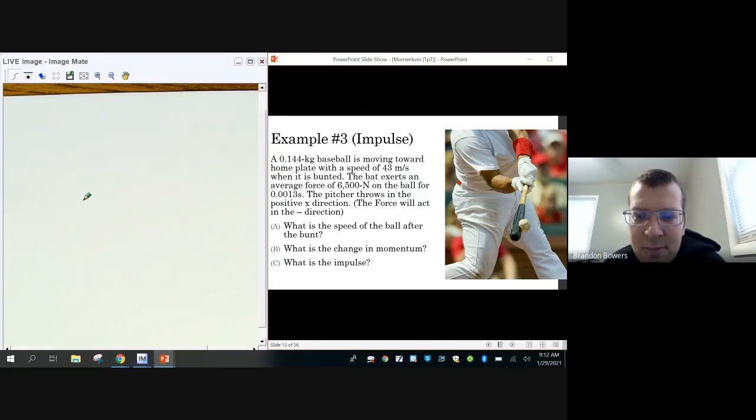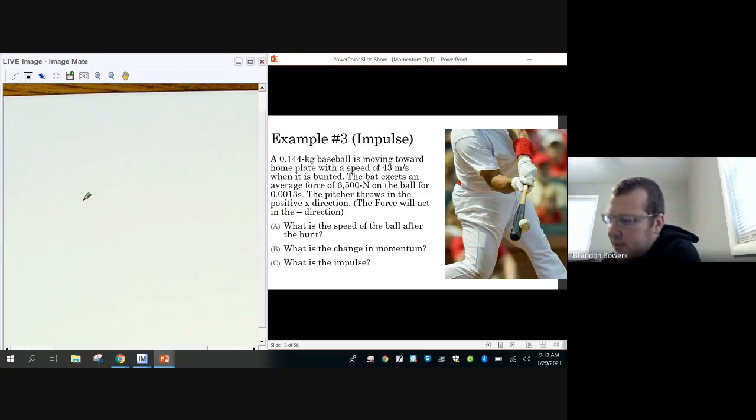When it was bunted, the bat exerts an average force of 6,500 newtons on the ball for 0.0013 seconds. The pitcher throws the ball in the positive X direction. The force will act in the negative direction. What is the speed of the ball after the bunt?